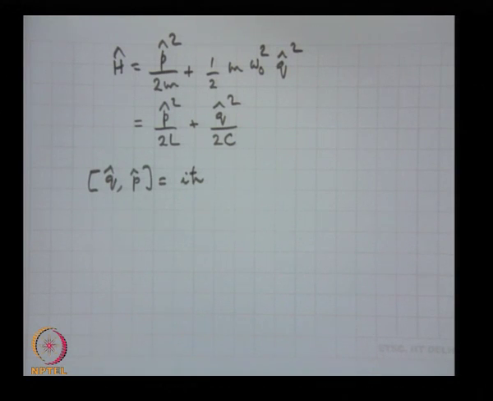So, what will I get? I can use exactly the same principles as I have done for the harmonic oscillator, and I will find the energy eigenstates.